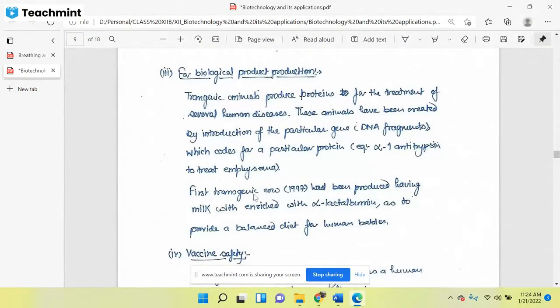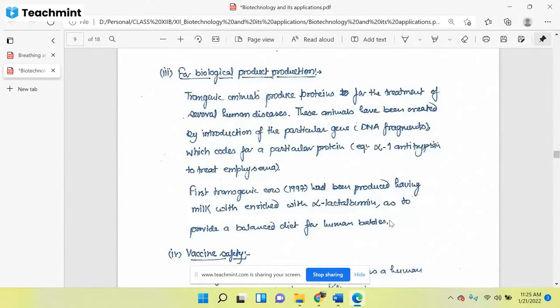The first transgenic cow was produced in 1997, having milk enriched with alpha lactalbumin. So in 1997, the first transgenic cow was produced, producing alpha lactalbumin to provide a balanced diet for human babies. If we want to get a particular protein or product, we first need the information that this gene produces this particular protein.